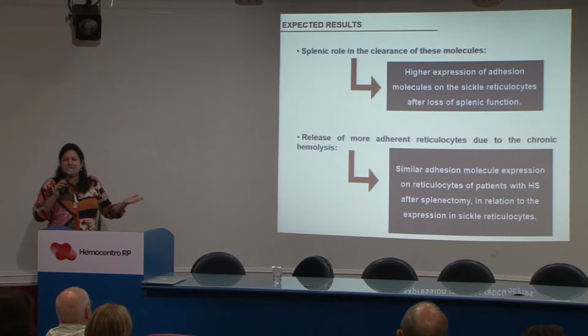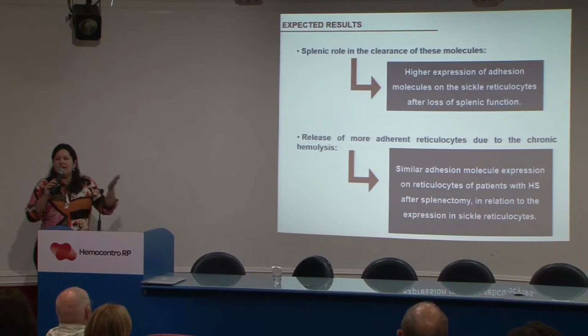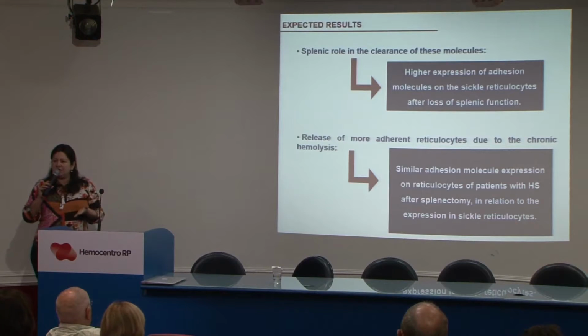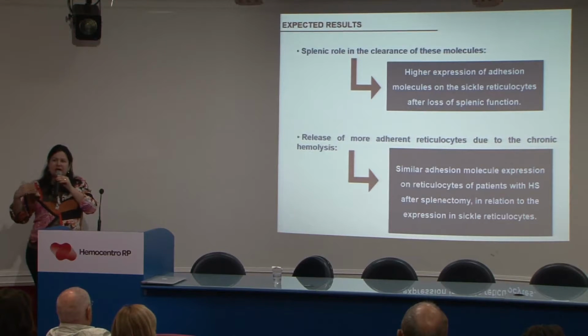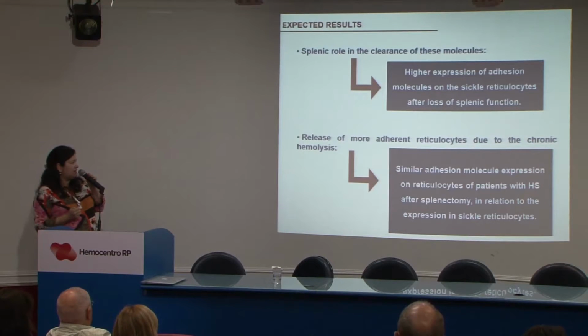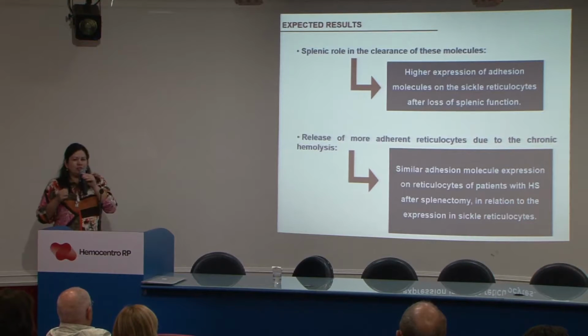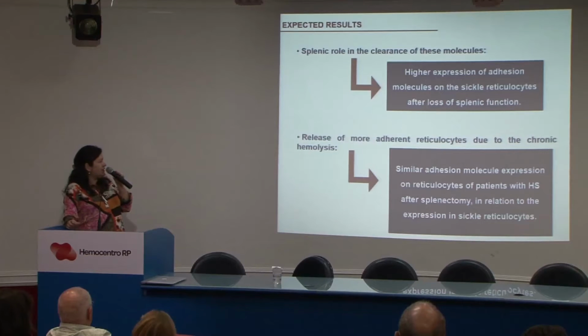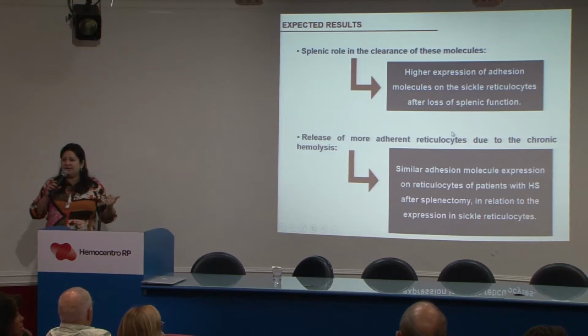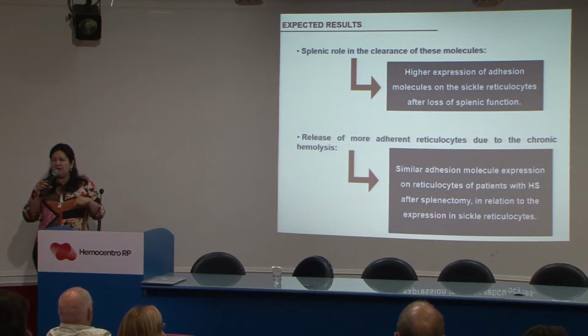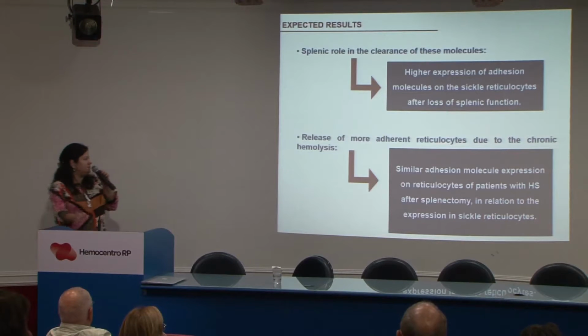Well, actually, we want to see in both diseases that after the loss of splenic function, we have more adhesive reticulocytes in circulation, showing that the release into the circulation of such reticulocytes is due to the chronic hemolysis and the loss of splenic function, not only disease-related.